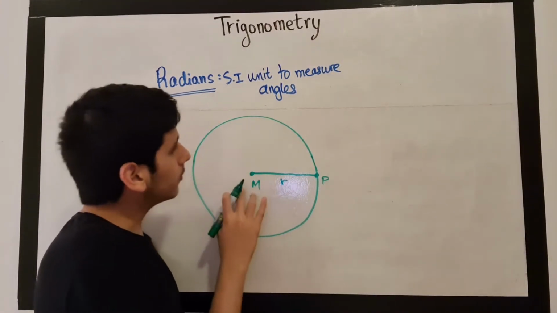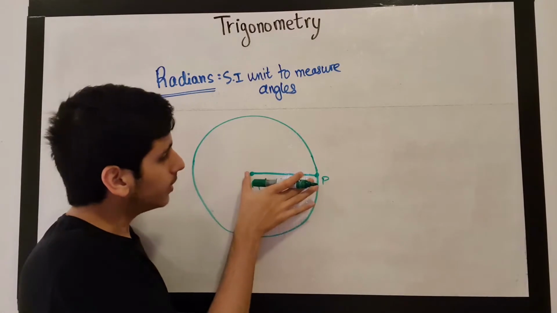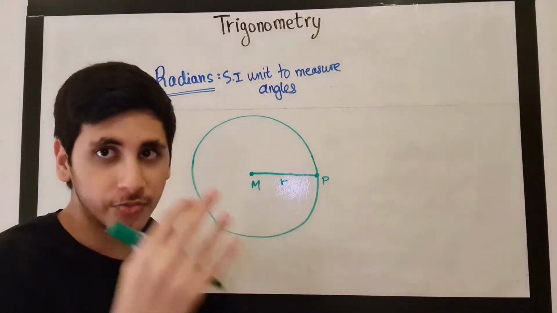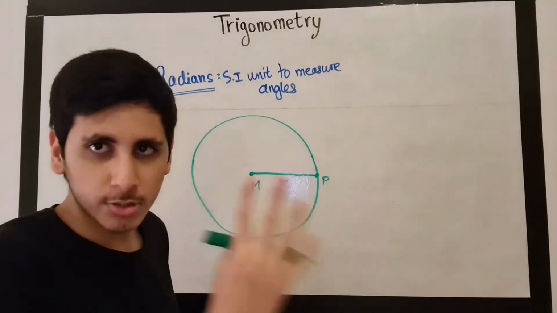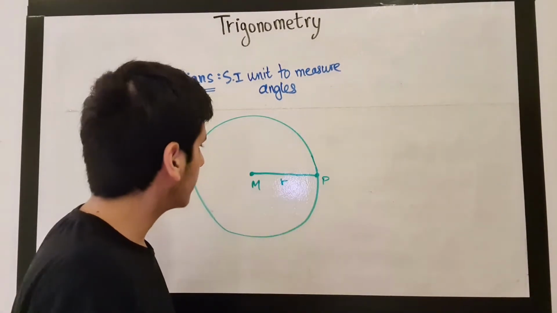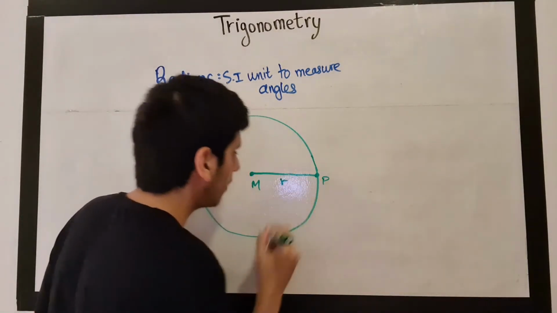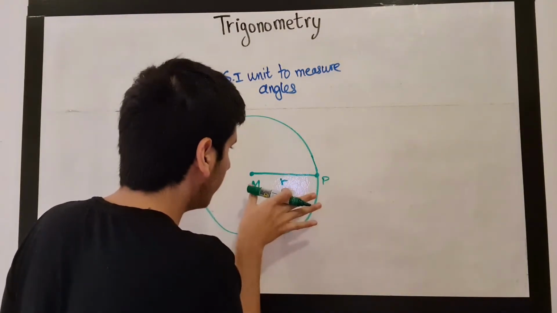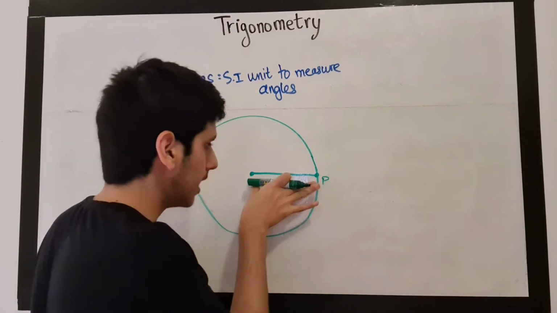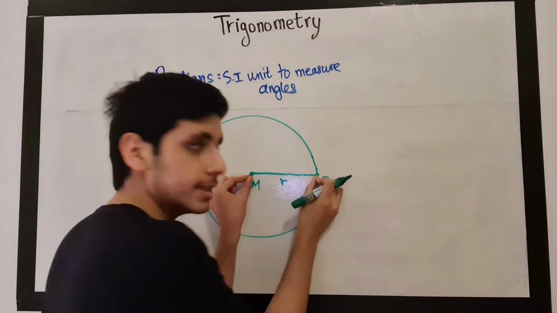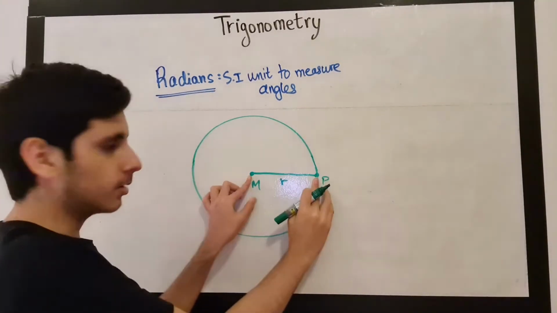And so now we can use, and by the way, there are two ways to visualize the concept of radian. So I'm talking about the first way of trying to understand what a radian means. We can use this radius MP. So I'll just use this radius MP like over here, okay?